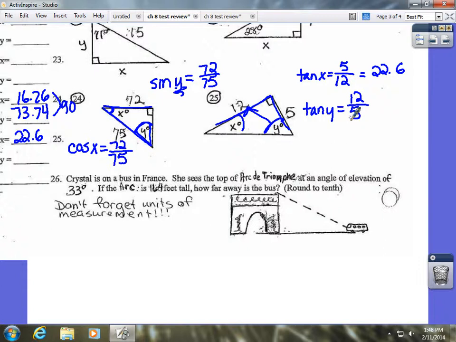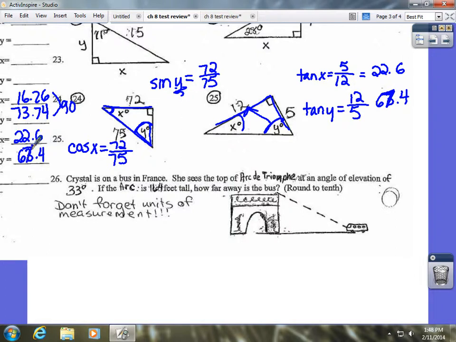So that'd be about 63.4. Oh, nope, sorry, not 63, 67. I just checked my calculator. This is a 67.